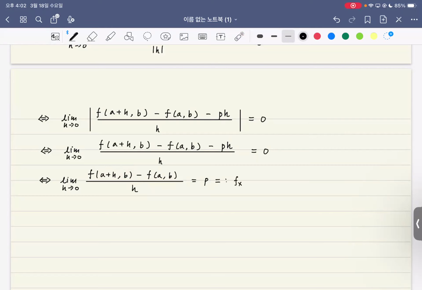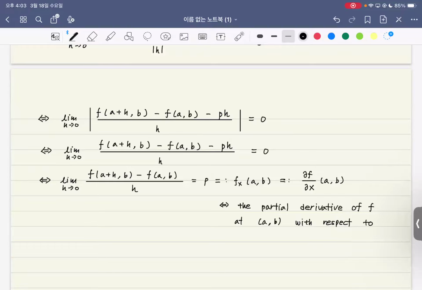So from time to time, we say this f_x(a, b), or denoted by partial f over partial x at (a, b). This is what we call the partial derivative of f at (a, b) with respect to x.